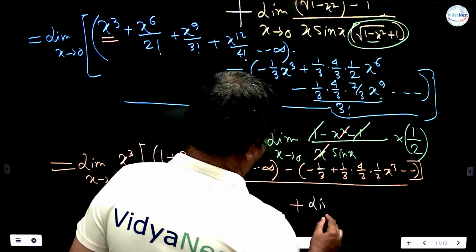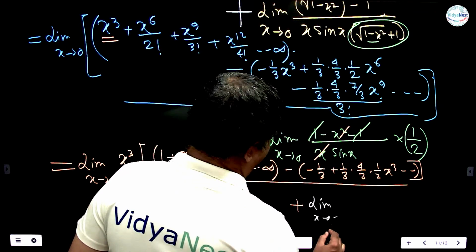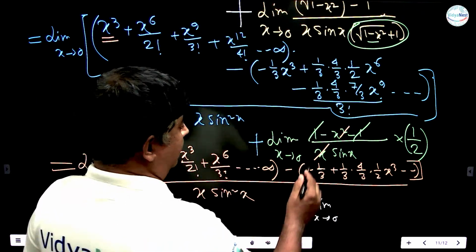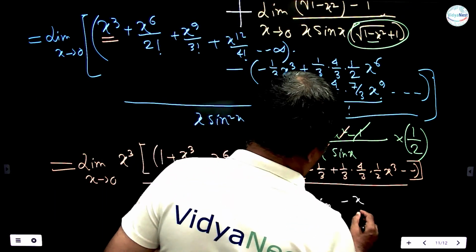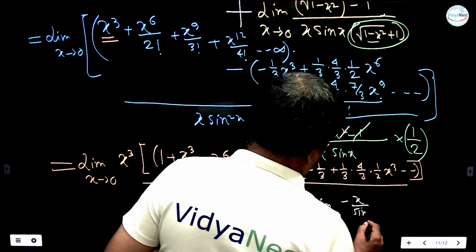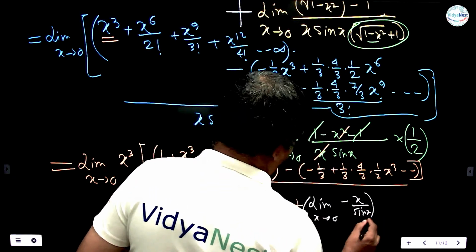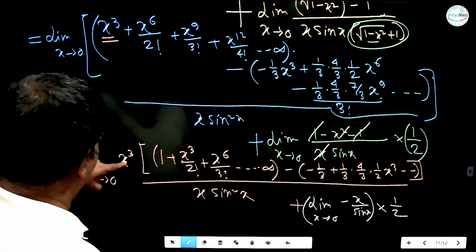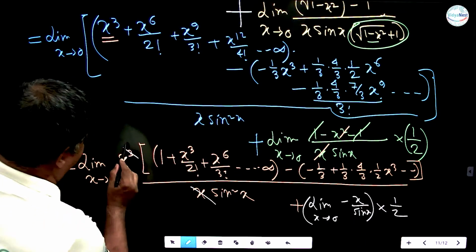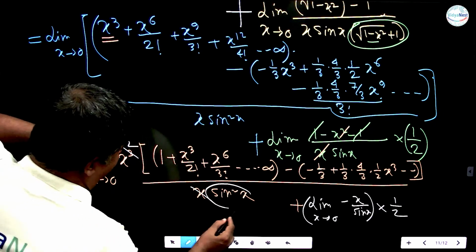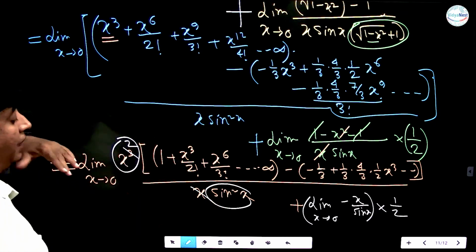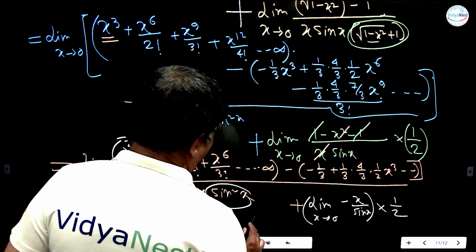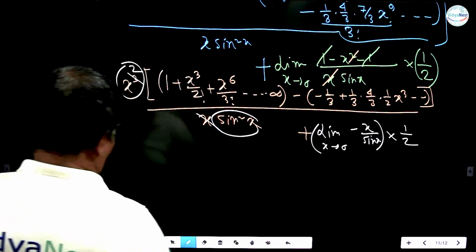Yes, sir. So the thing which seemed to us so tough has become so simple. Here minus x by sin x into half. Now here 1x will get cancelled. You will get x squared sin square x. That will again give you 1. So we are on the verge of conclusion.